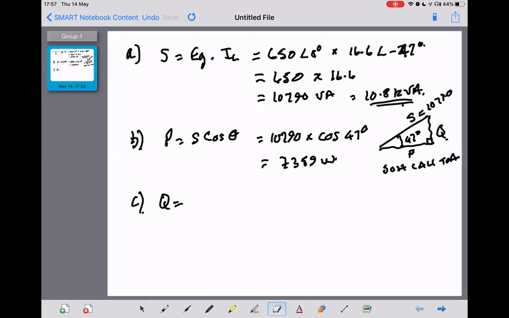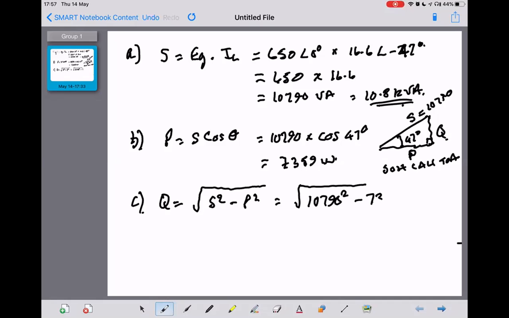Right. Anyway, reactive power, because we now know two sides of our triangle. So how can we find the third side? Q equals the square root of S squared minus P squared. So that's the square root of 10790 squared minus 7359 squared.